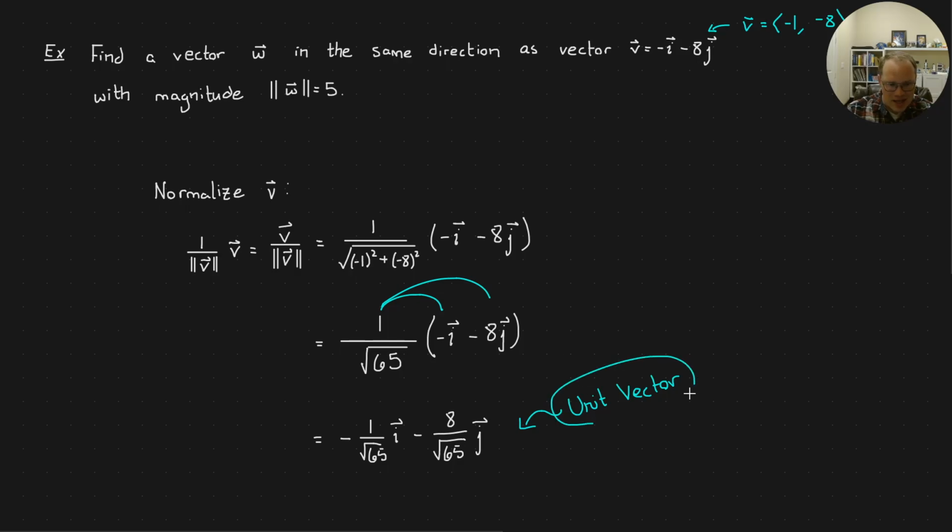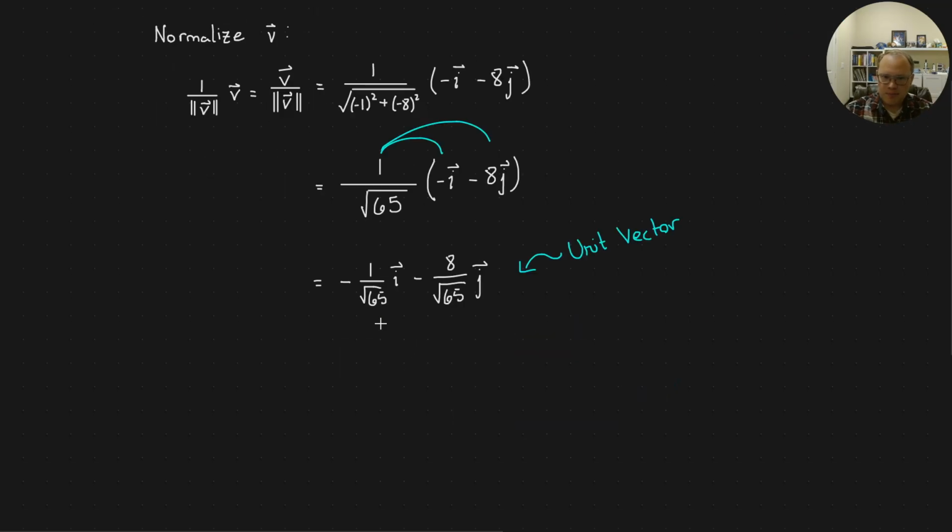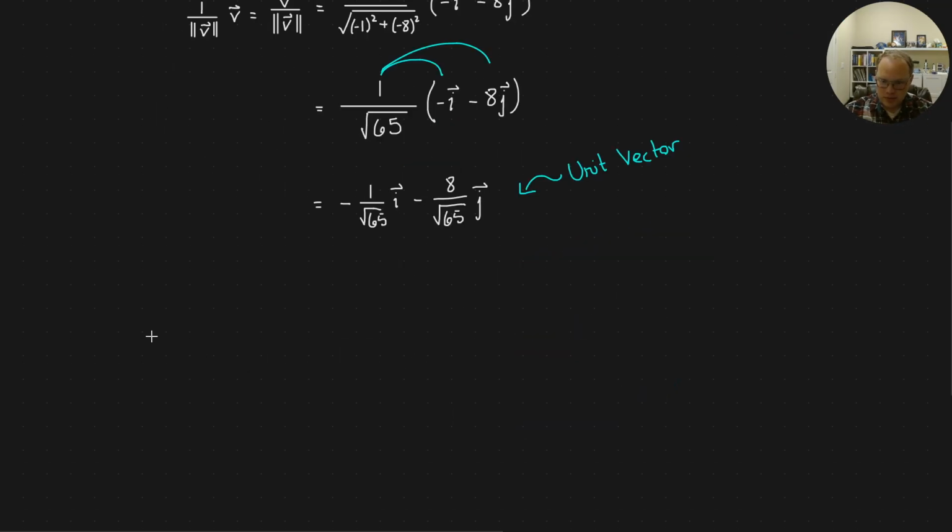And since it has length 1 now, if I want its total length to be 5, that means I want it to be 5 times as long as it is now, right? 5 times as long as something with length 1 has length 5. So vector w will be 5 times that vector I have now, that unit vector.